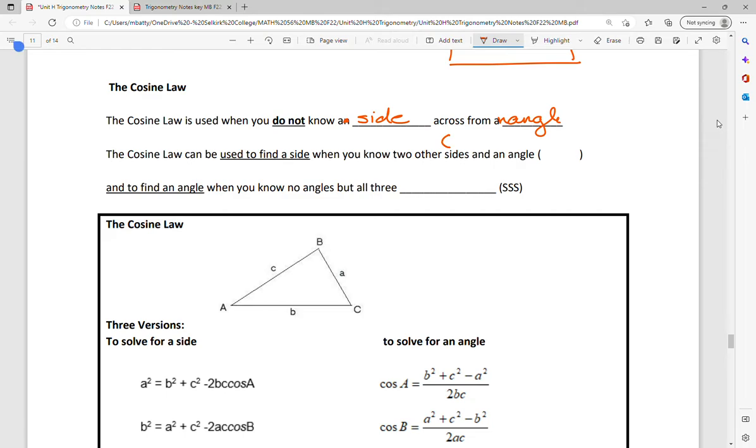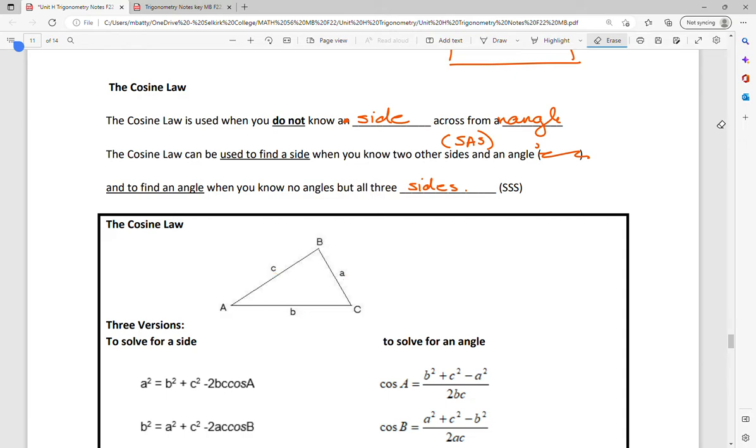Oops, sorry, that bracket should be in there. And to find an angle when you know no angles but all three sides. So we either know side, angle, side, or we know all three sides, one or the other. Those are the realities that we have to use the cosine law.